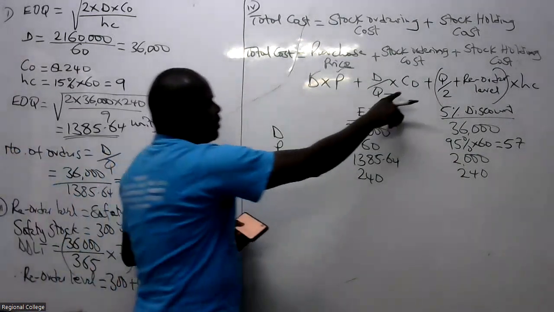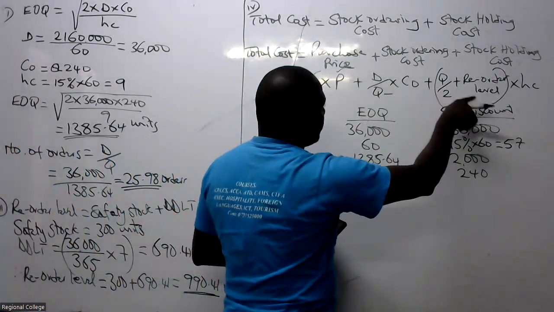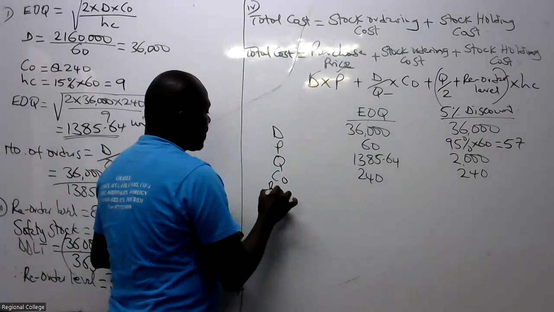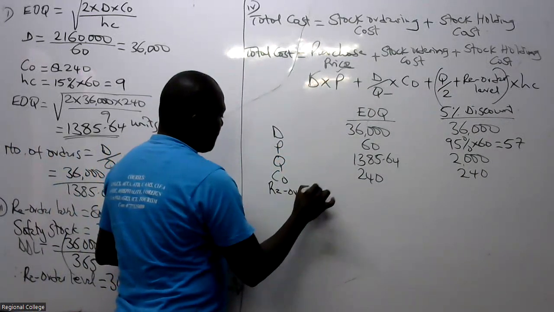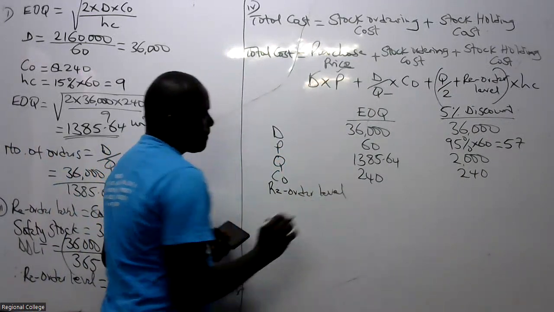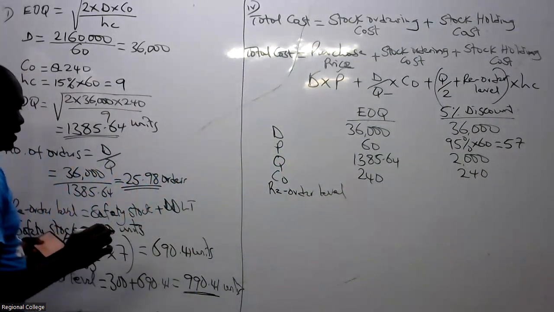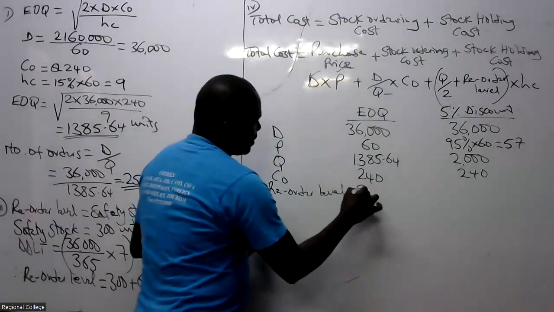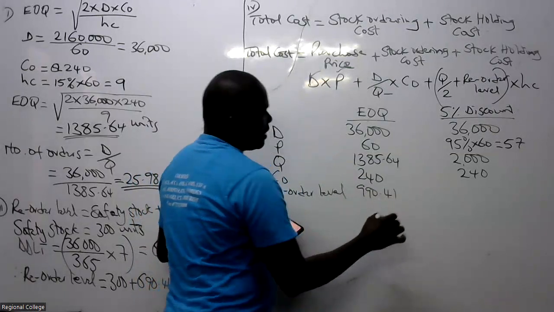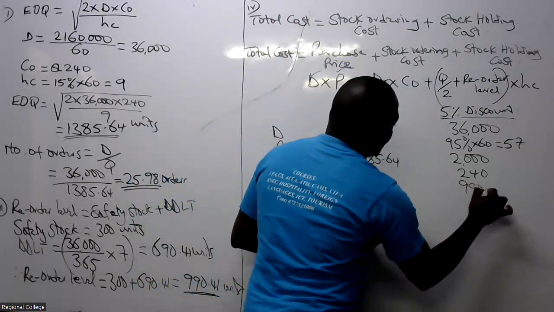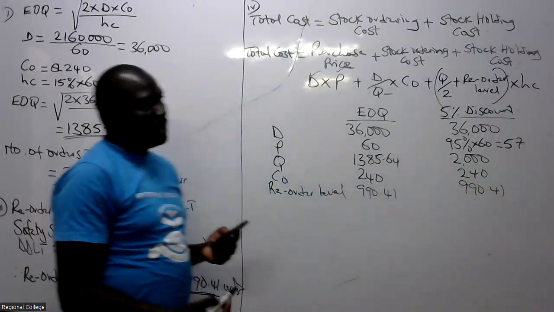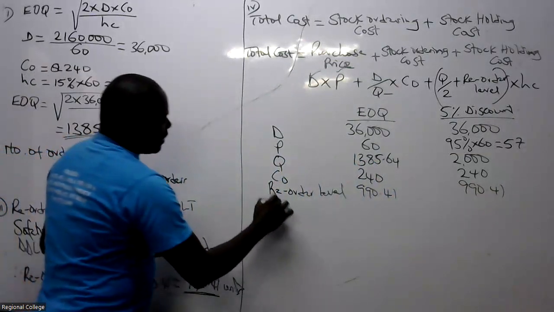So we already have CO and Q. Do we have the reorder level? The reorder level we got is 990.41. Even when we bring in the discount, we just have to maintain it. Then you only need to get our XC.